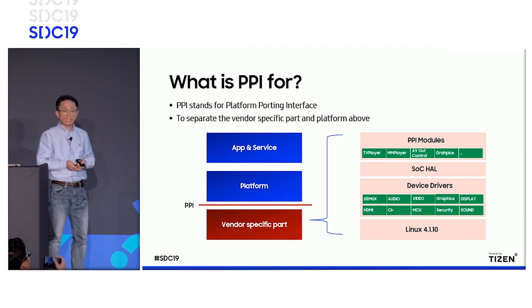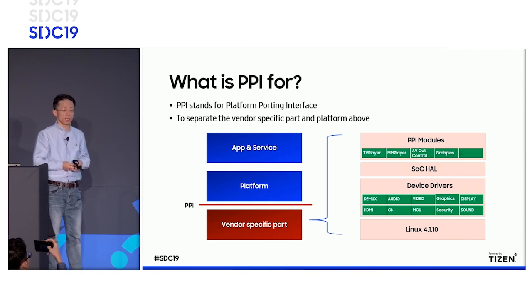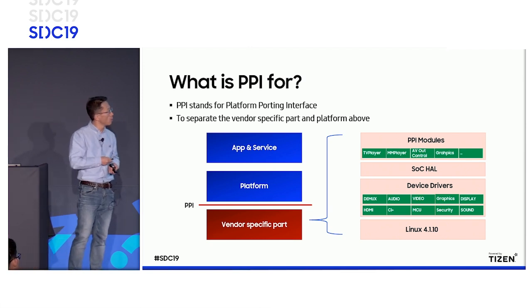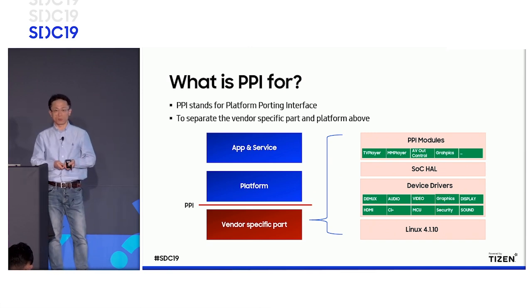So seeing the in-detail diagram of the PPI's composition, this slide, basically PPI module, we define this interface, and most of the associate vendors have their own hardware and device driver. And basically, most of the vendors are using Linux driver.